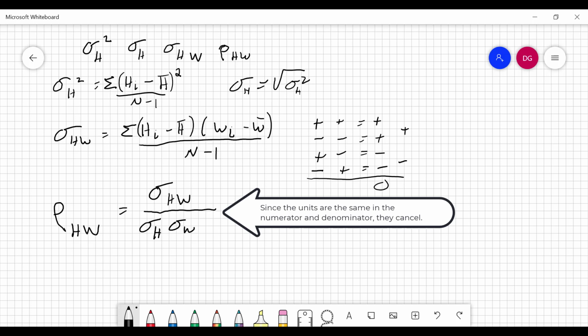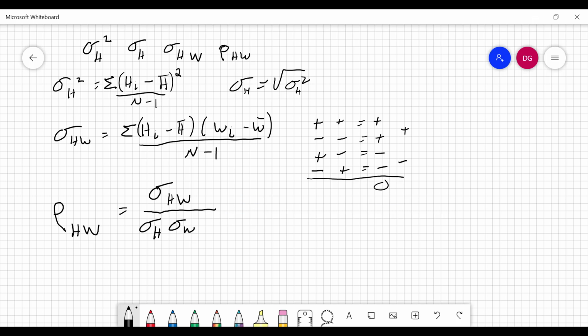In addition, the correlation is going to be bounded. The covariance is the total amount that height and weight vary together, and the denominator is the total amount that these things vary. It's not possible for them to vary together more than the total amount that they vary, meaning the numerator can't be bigger in absolute value than the denominator.